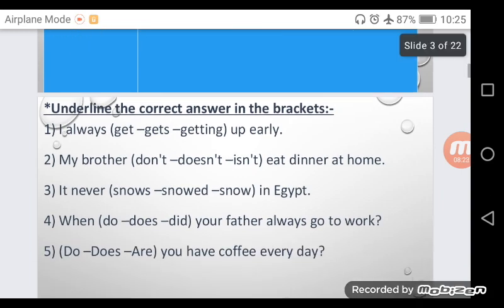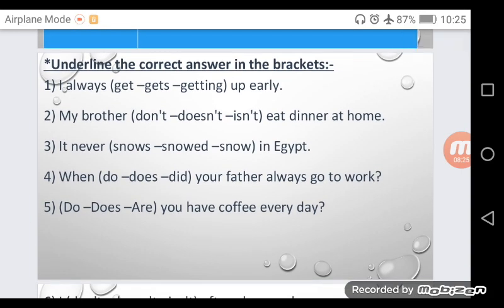Now let's do some exercises. Underline the correct answer in the brackets. 1. I always get, gets, getting up early. Here we have the word always, so the tense is the present simple tense. Get is in the present simple tense.